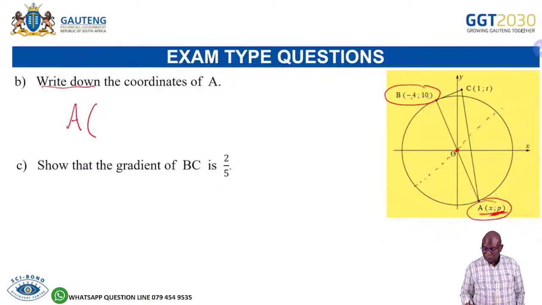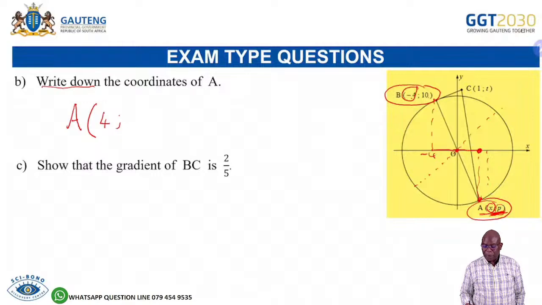The x value here is -4. But that point there cannot be -4. If this point is -4, equidistant from that, that should be 4. So my point there will be 4.